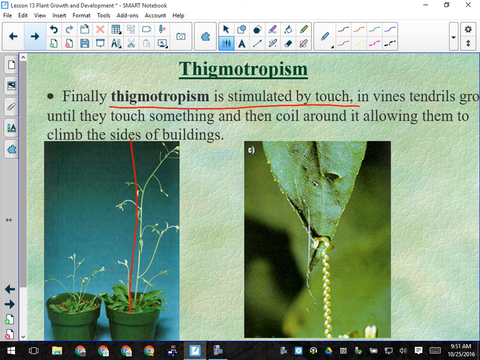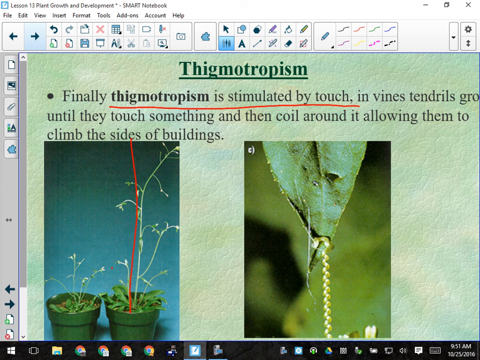So it didn't need to support its own weight, it could grow up the stick. Again, with peas and things like that, they can put out vines, those little coily things that they can grab onto other stuff with. Sometimes that stuff is other plants. They'll actually crawl up other plants using them for support. It means they can get into the light without having to earn it for themselves.